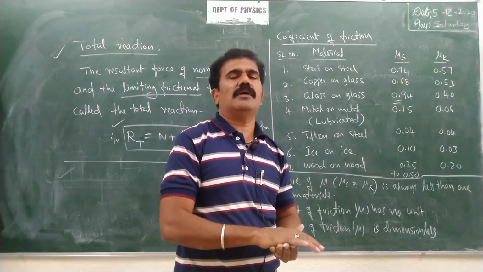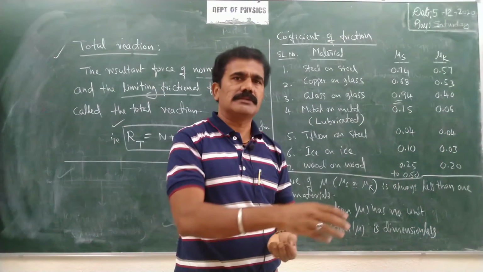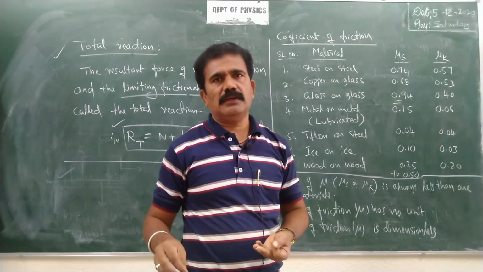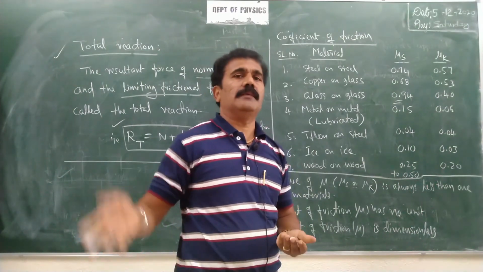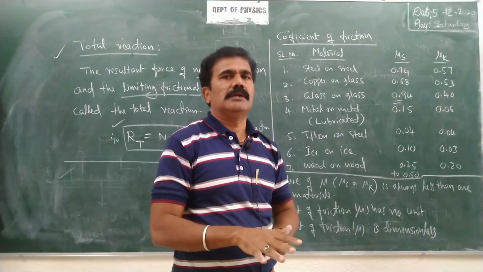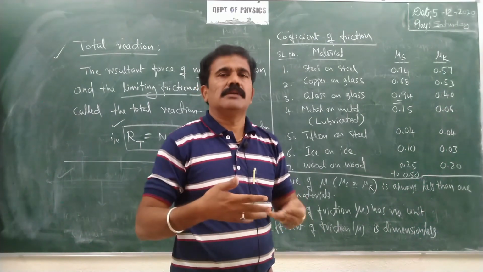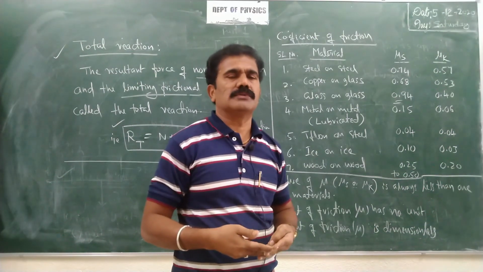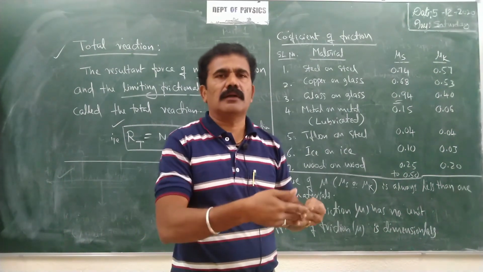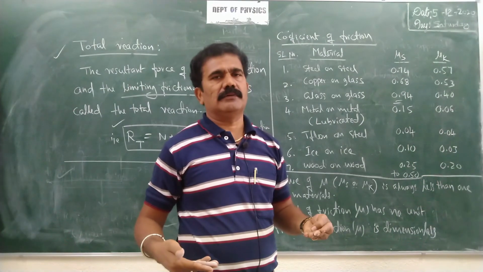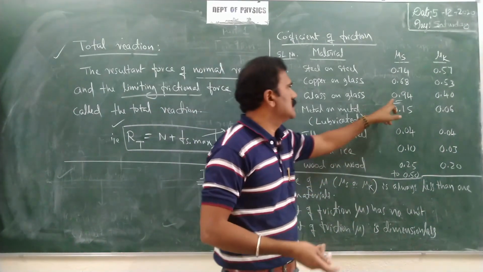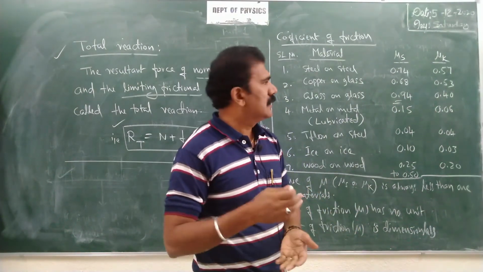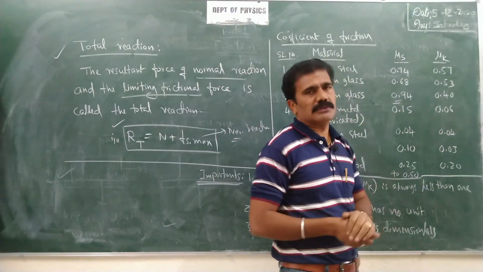Of course, it is smooth for other materials, and it is not having much friction if you keep another material, and the friction may be less. But if you keep another glass on the glass surface, it is not that easy to pull, because of the smooth surface itself, the interlocking between the atomic molecules will be more, so they will not allow the body to move easily. The friction is very high, so μs is 0.94. Once it starts moving, of course, the frictional force reduces, that is why μk is equal to 0.40.